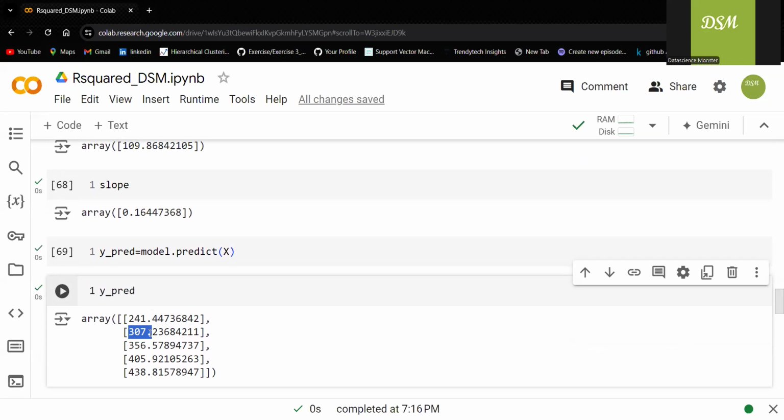We really want the predicted value close to the actual value, right? So remember, R square, always we want it close to 1, right? Then we can say that the model is a good model.